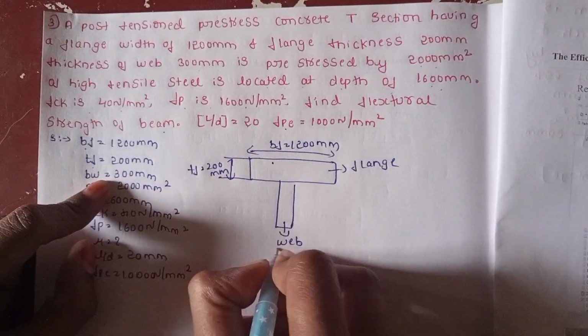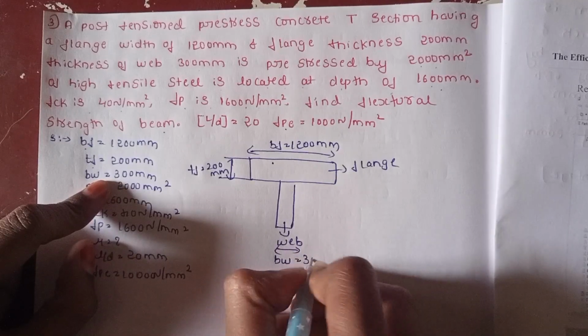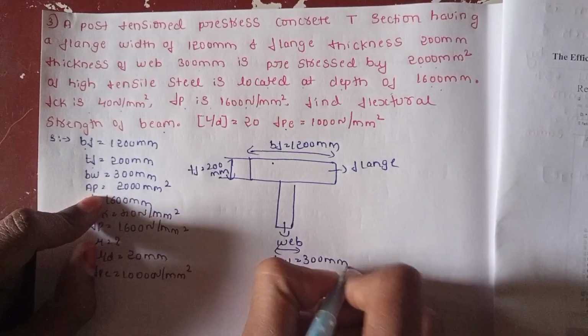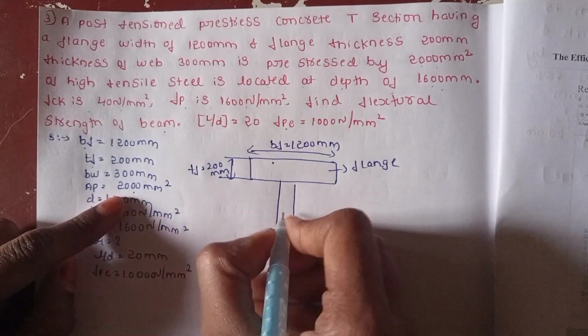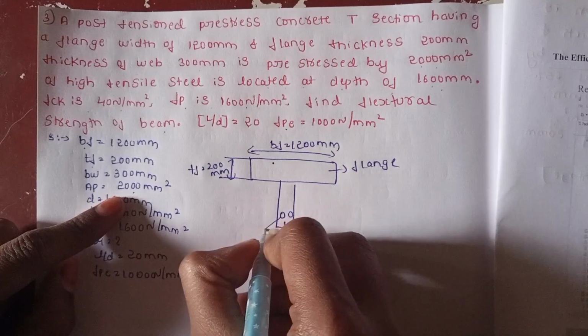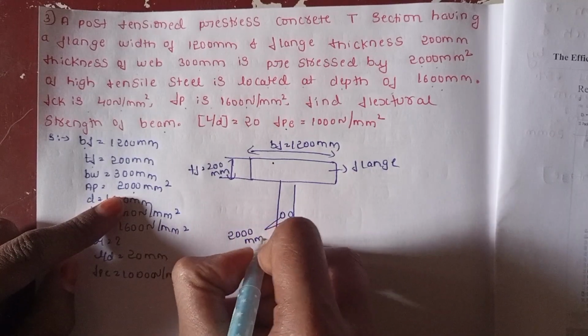Then BW, width of web, equal to 300 mm. Then AP is 2000 mm square, the area located here in this T beam, so AP equal to 2000 mm square.